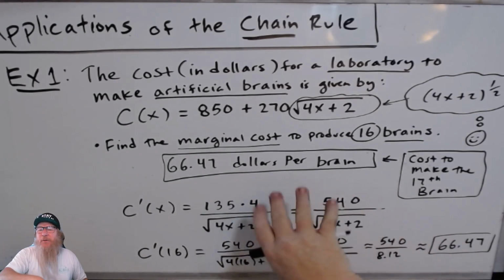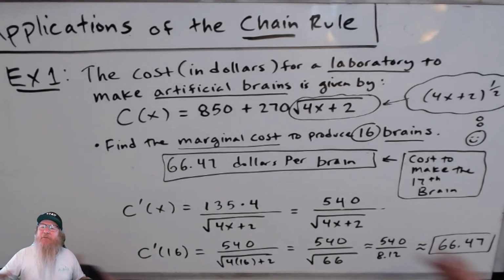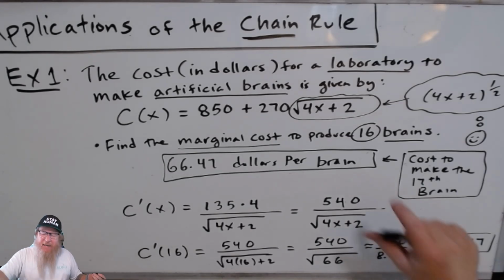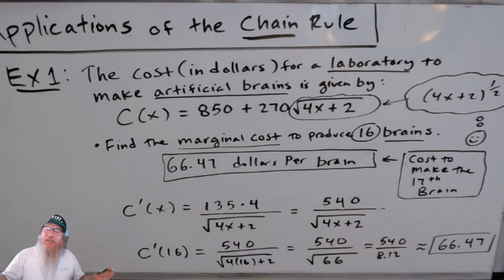I'm not doing average today. Maybe I'll do it. We'll do marginal average maybe, but I mean, if you're curious, you made 16 brains already. The average is like, I don't know, $190 or something. You could figure that out.